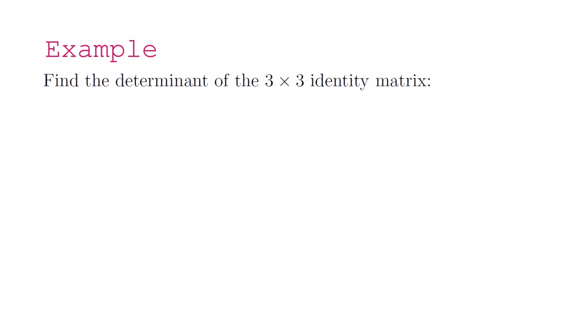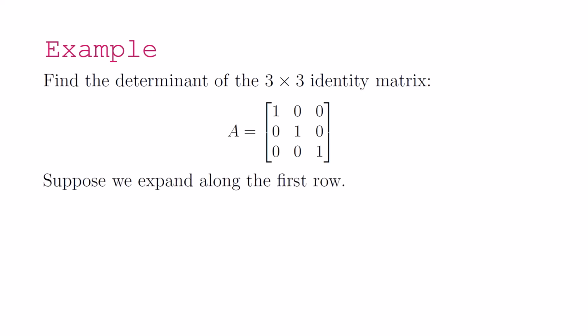Let's do another example. Let's find the determinant of the 3 by 3 identity matrix. Let's suppose we expand along the first row. Here's the formula for finding the determinant of an n by n matrix.